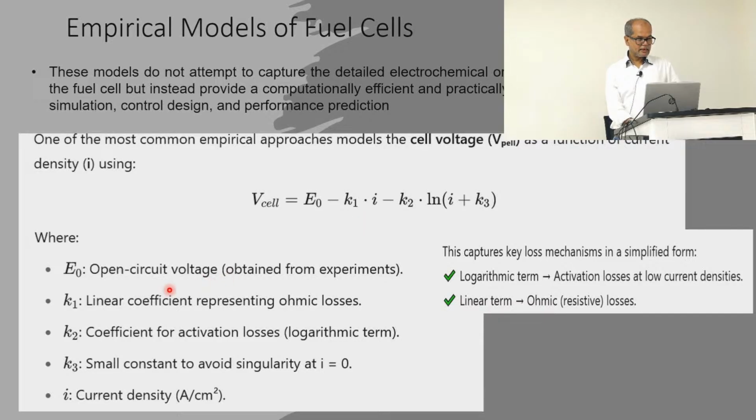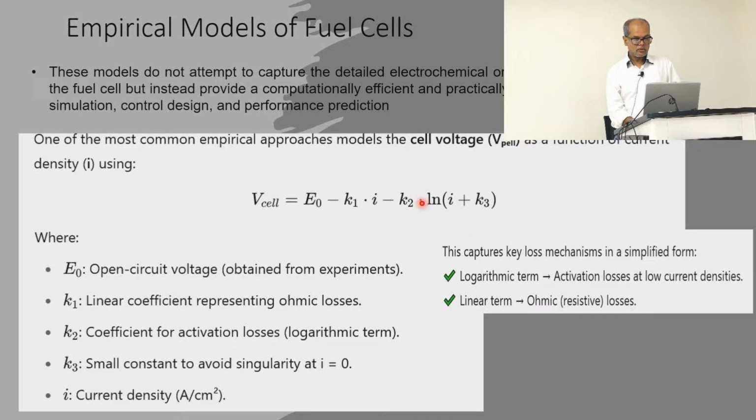There are some coefficients, one of them related to the resistive losses, which is definitely related to the current, and the other one is a logarithm relation. If you remember, initially that was an exponential logarithm relation.